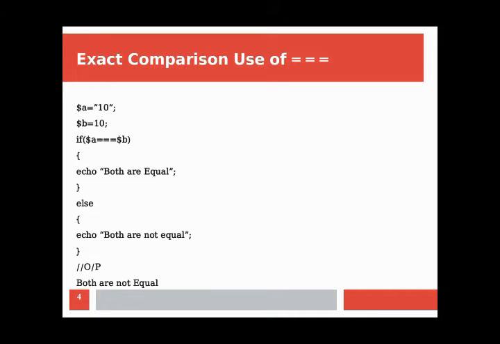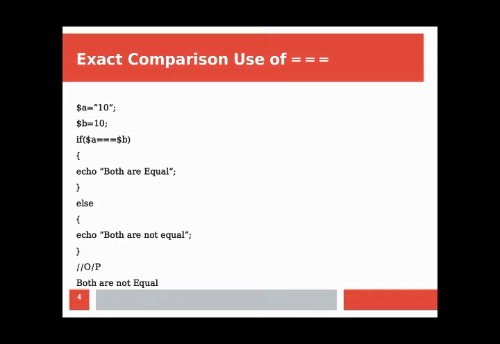And next, triple equal to is used to check the content as well as the data type of the string. So, we will see that program. Here, exact comparison, use of triple equal to. Again here $A = "10", that means like the previous program, here 10 is a string. Then next $B = 10, here it is the 10 value only, that is the literal or integer value.